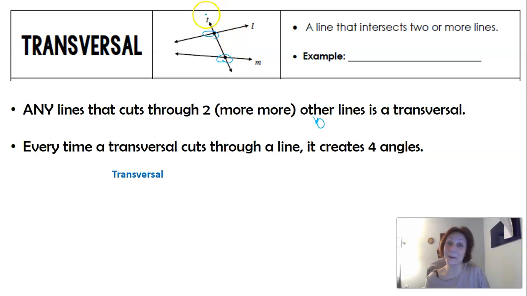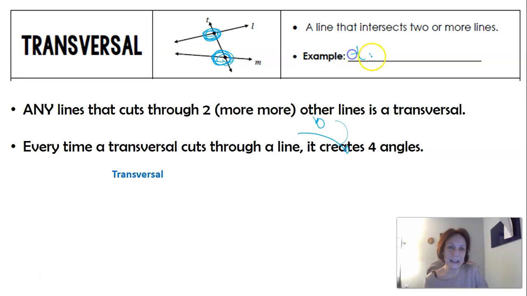Guess what? Who is? Oh, the line that we cleverly named T for transversal. Notice that line T crosses line L, and then it keeps on trucking and crosses line M. That, my friends, is a transversal. So here we would say, why can't I ever find my pen?